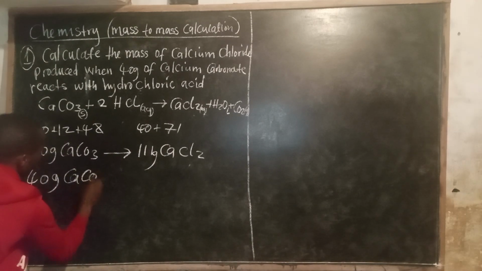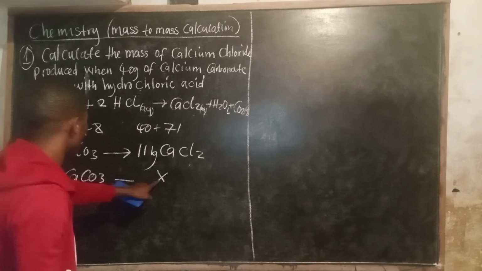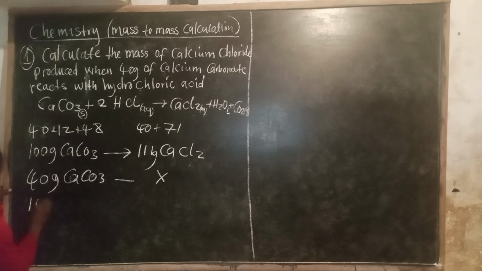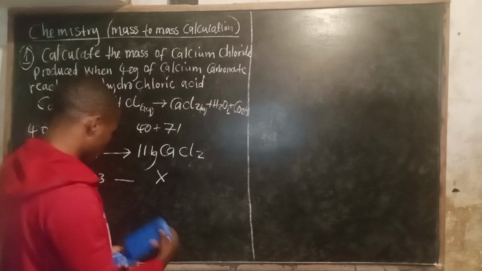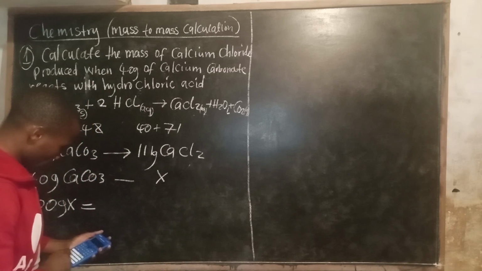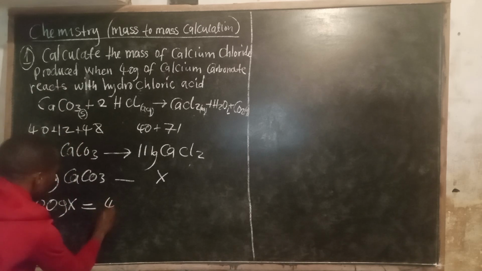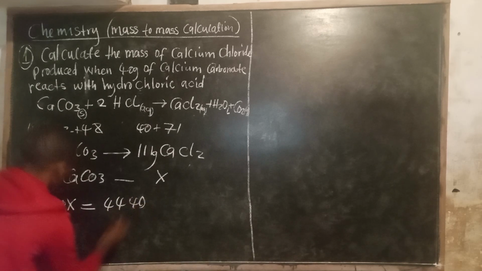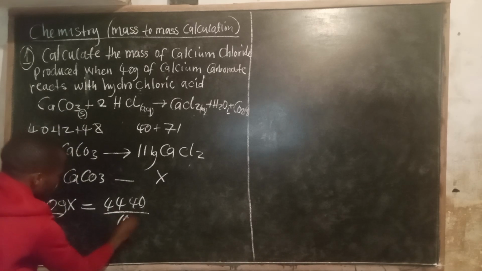So now from there, we are going to say, what about the 40 grams of calcium carbonate? The 40 grams of calcium carbonate, we don't know, so we are going to cross multiply. So 1x times 100, x is equal to 40 times 111. What is the answer? 40 times 111 is 4,440, then over 100.